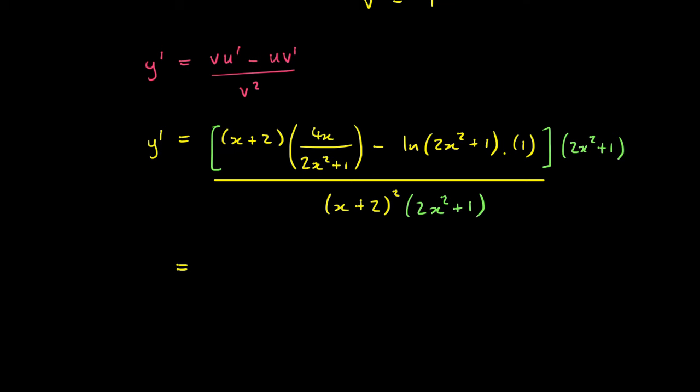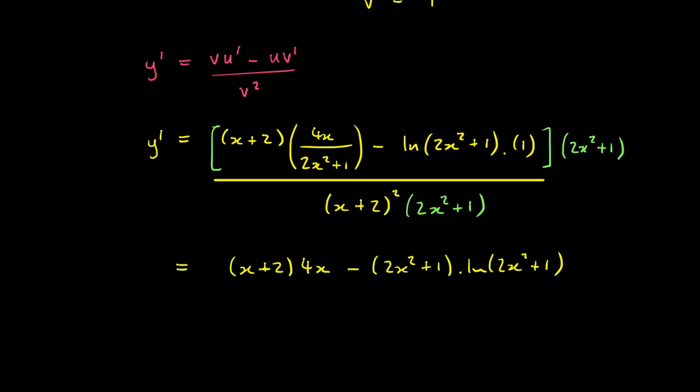So if I was to do that, then on the numerator, I would get x plus 2 times by 4x, because the 2x squared plus 1 on the denominator cancels off, minus bracket 2x squared plus 1 times by the natural log of 2x squared plus 1.